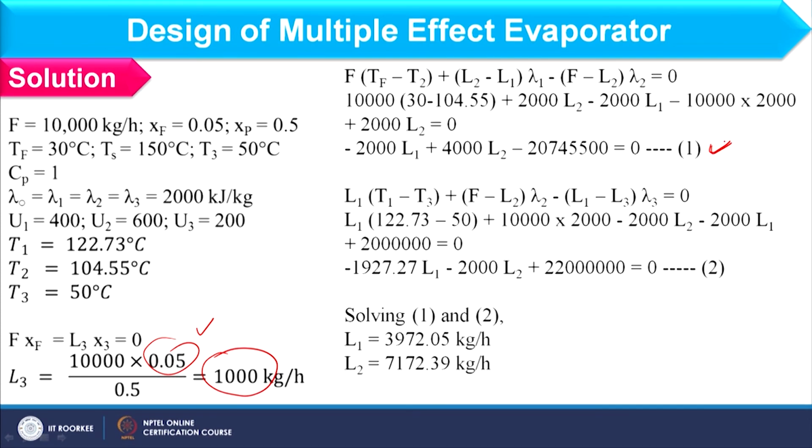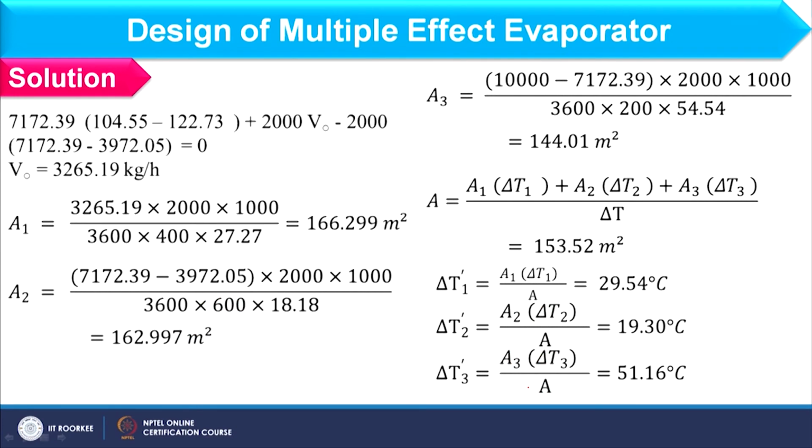Here I have two equations which you have to solve simultaneously, and the values of L1 and L2 you can obtain as given here, and so we can find the vapor flow rate and the steam flow rate, that is 3265.19, considering the enthalpy balance of the first effect.